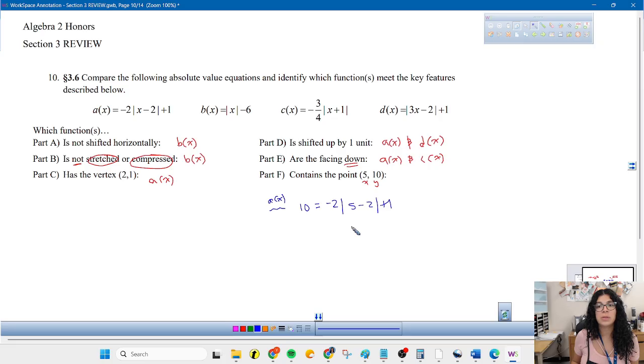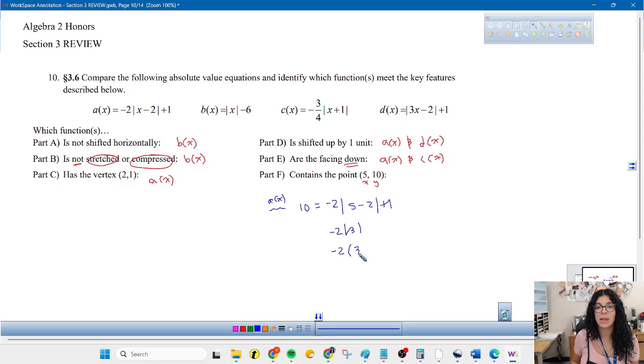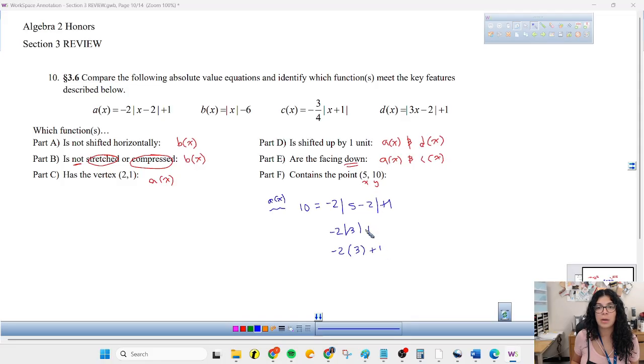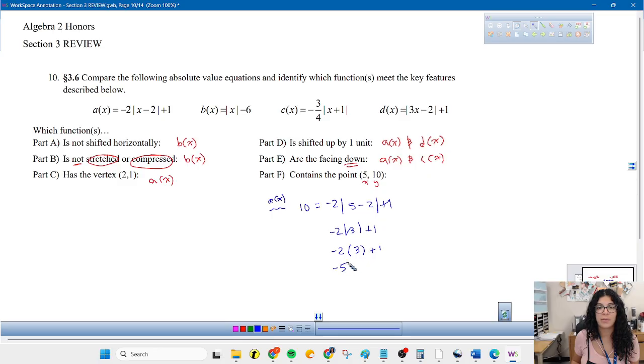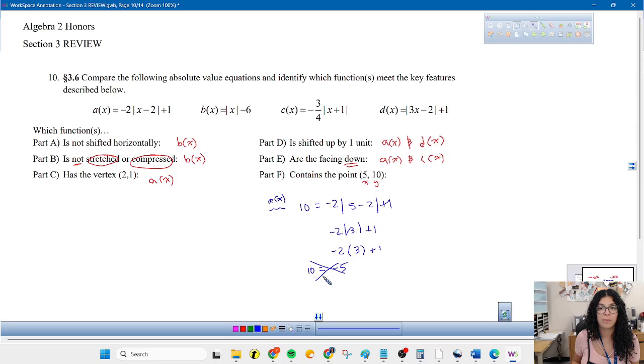Well, 5 minus 2 is 3. The absolute value of 3 is 3. -2 times that 3 plus 1 would be -5. So is -5 equal to 10? No. So a of x does not work.